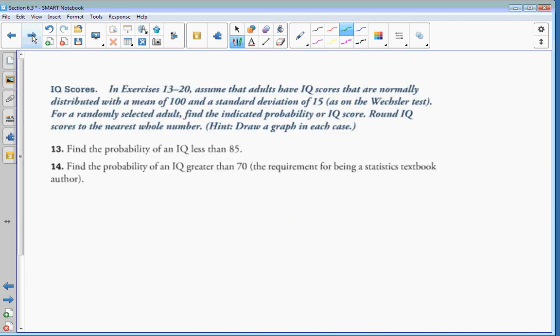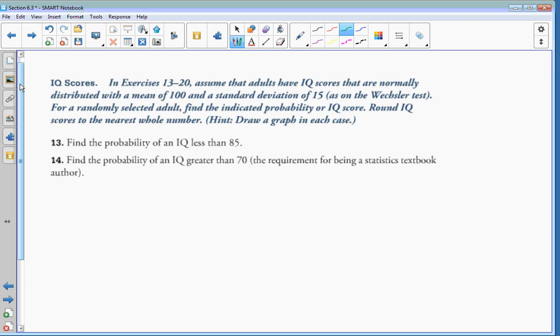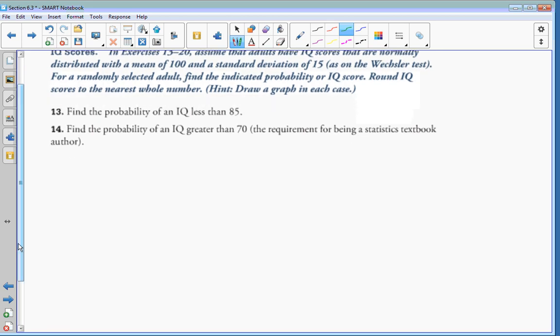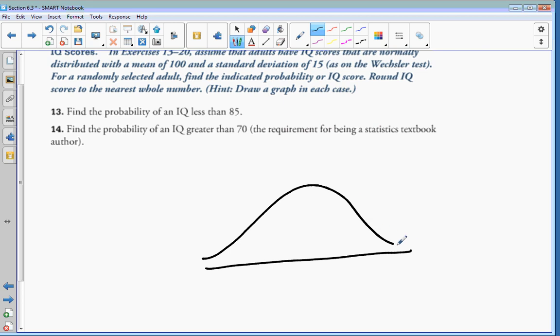So here we have IQ scores, and this truly is what we have found. IQ scores have a mean of 100 and a standard deviation of 15. So you know we're going to draw that normal curve.